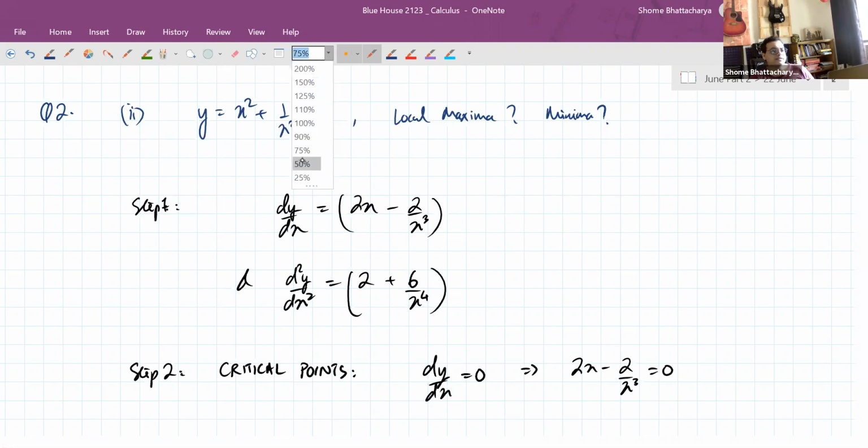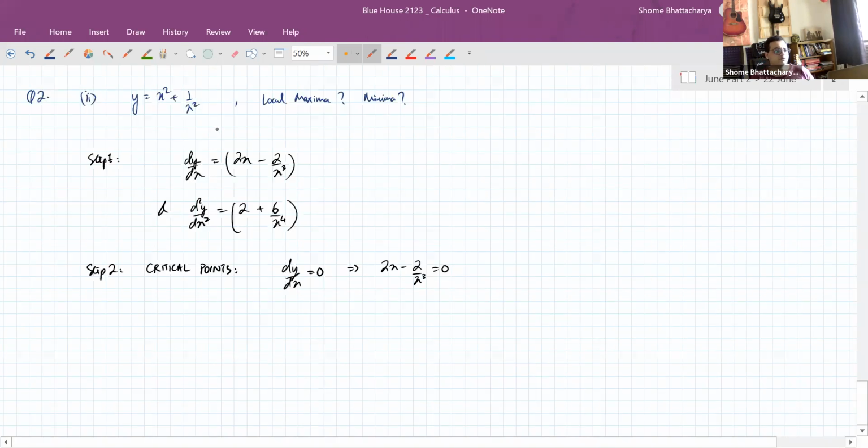Notice the point x equal to 0 is not included in the domain of the function, though we don't need to worry about that here. But we should take all values of x other than 0. So this x cube in the denominator doesn't really create too much of a problem for us. We can take 2 by x cube common, and we'll have x to the power 4 minus 1.